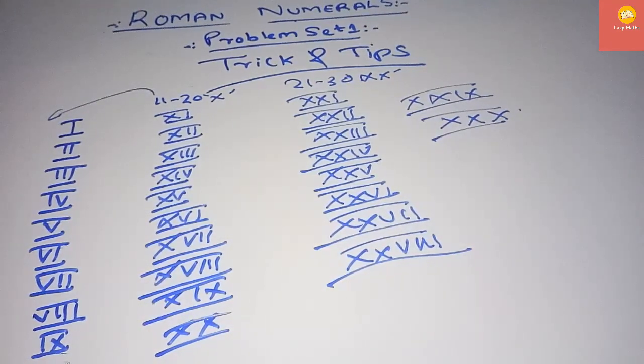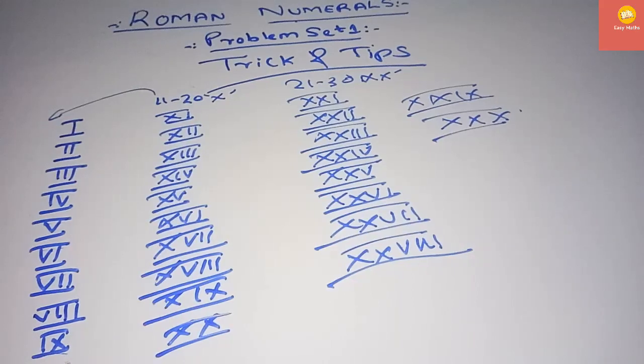Okay, I have written 11 to 30 in a few minutes. Hope you like these tricks. If you understand the Roman numbers and how to convert the international number to Roman number, just follow my rule first and then the tips in the exam.